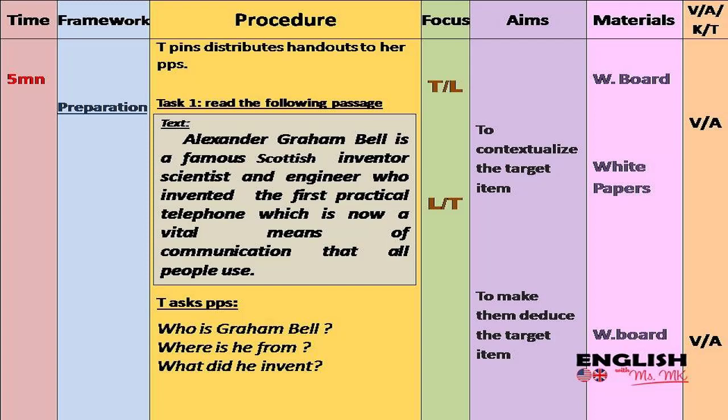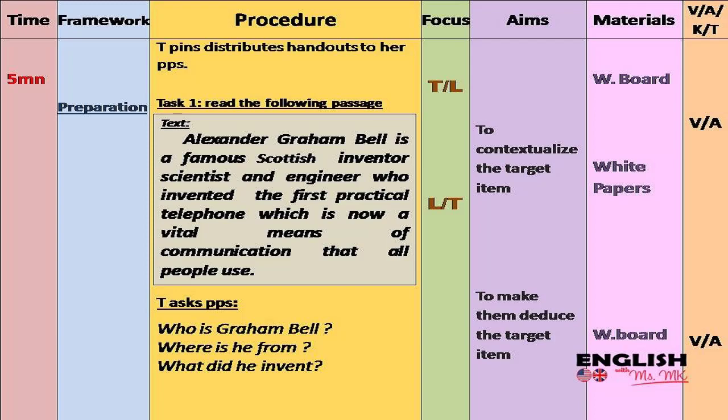We're going to talk about how I am going to integrate these two items in my lesson, in a context, of course related to the sequence. So here I have chosen to provide them with a very small text about Alexander Graham Bell, and it contains, of course, the target item that I'm going to teach.